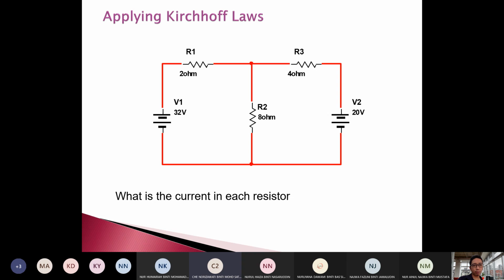So it's 8 I1. Okay, so those are the two equations that you need to solve.